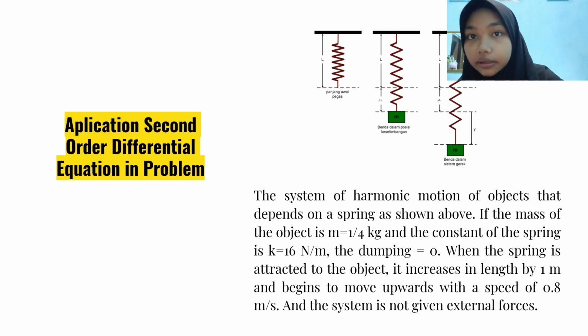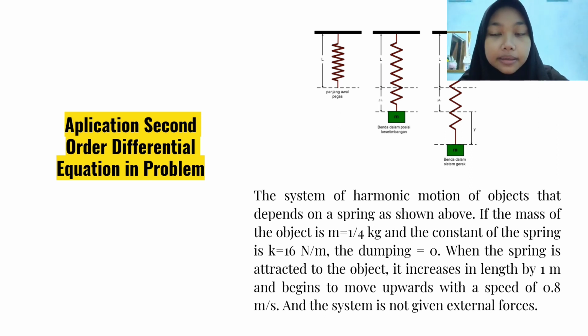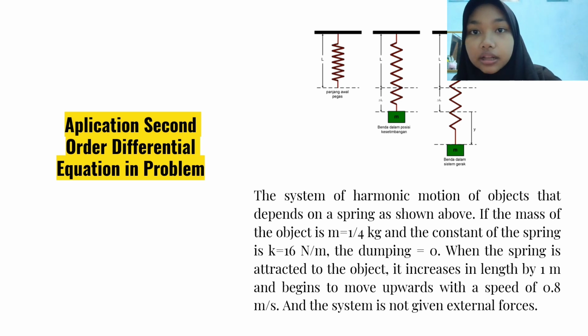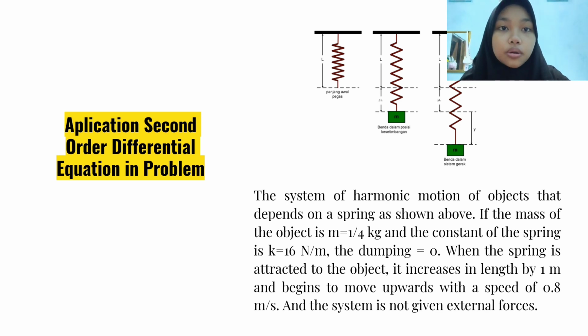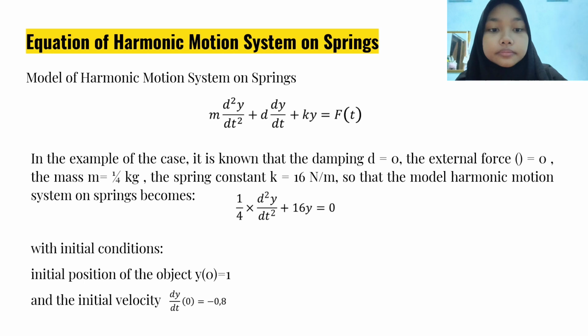When the spring is stretched by the object, it increases in length by 1 meter and begins to move upwards with a speed of 0.8 meter per second, and the system is not given an external force.